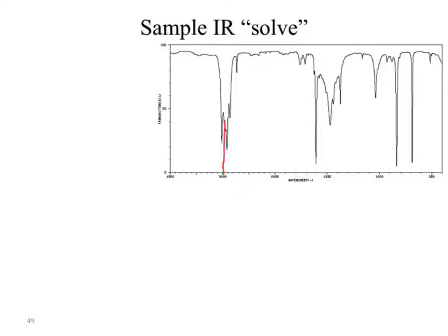There's my 3,000 line. For those of you that don't believe me, again, it doesn't work quite as well because it's a projector, but we hold our paper right on that line. There's our 3,000. Those peaks are clearly less than 3,000, but that other peak is more than 3,000.